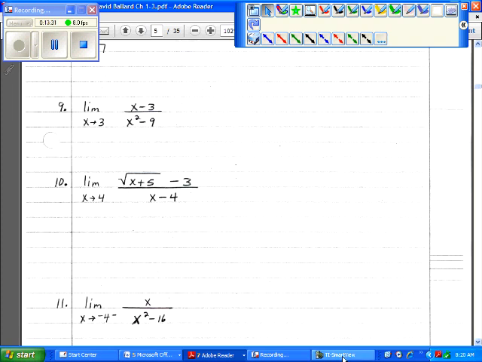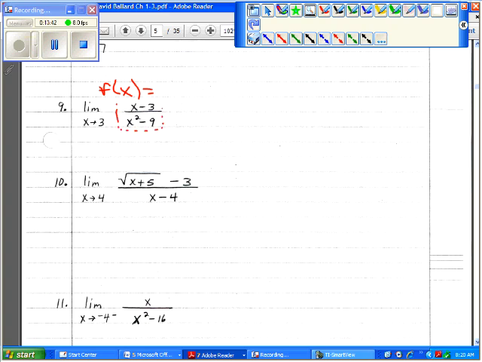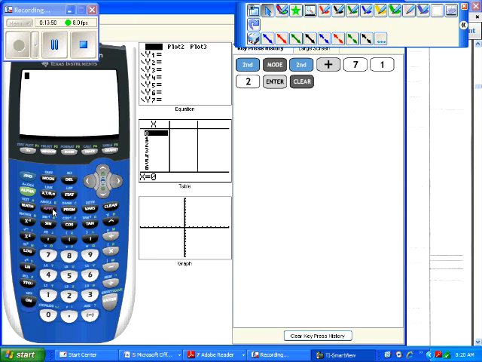We're going to go to the graphing calculator and type in the f function. So f of x is equal to this, which we're going to put in y equal. We're going to put in the numerator, open parenthesis, it was x minus 3?